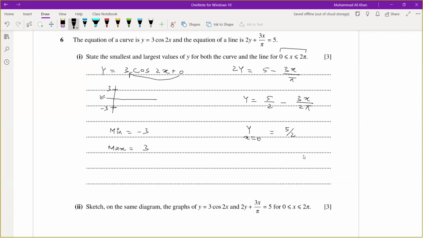And once more, put x as 2 pi. So y when x is 2 pi, the answer will be minus 1/2. Therefore, the minimum value is minus 1/2 and the maximum value is 5/2 according to the line.